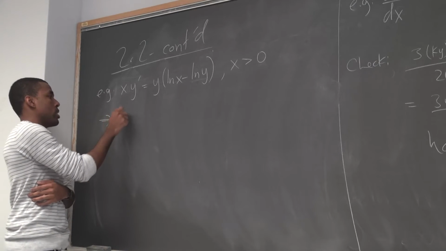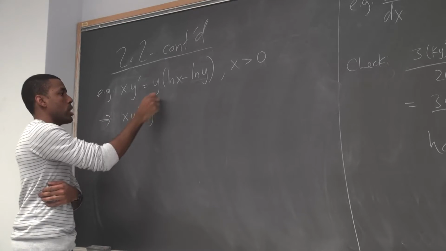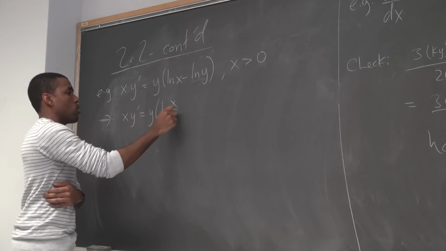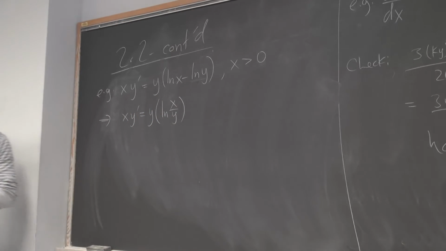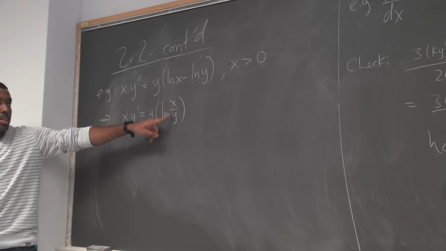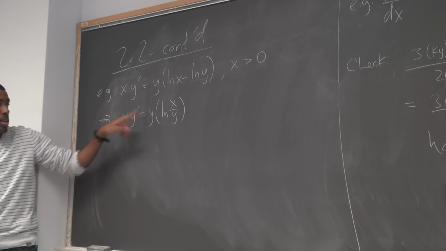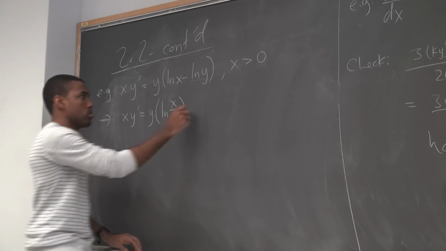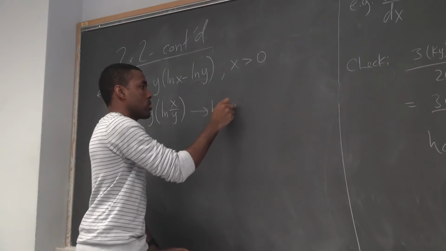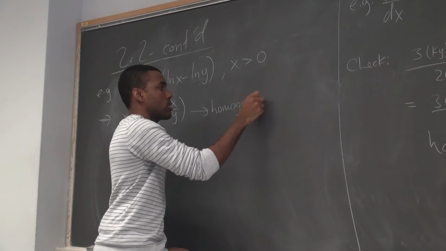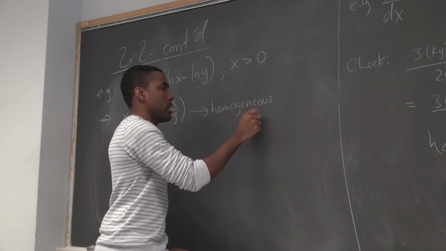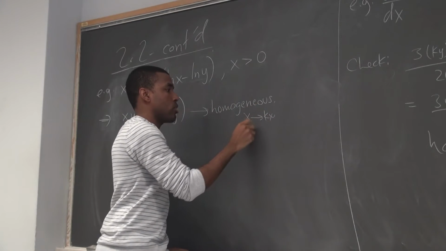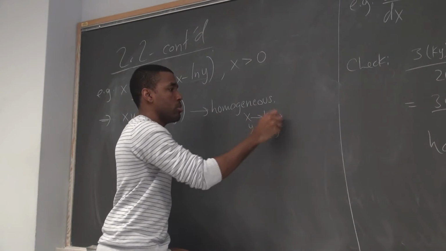So we have x y prime equals y ln of x over y, right? Clearly now if I replace x with kx and y with ky, the k's just cancel here. That makes no difference. If I put a ky here and a kx here, it can cancel from both sides, right? So homogeneous. x to kx and y to ky makes no difference.